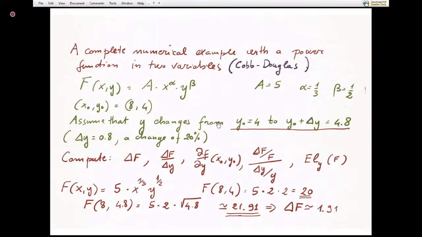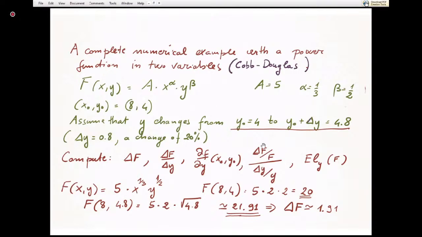Suppose that x remains fixed at 8, but y changes from the initial level of 4 to the new level of 4.8. So this is a big change in percentage terms. It's a change of 20% of the initial level of input y.